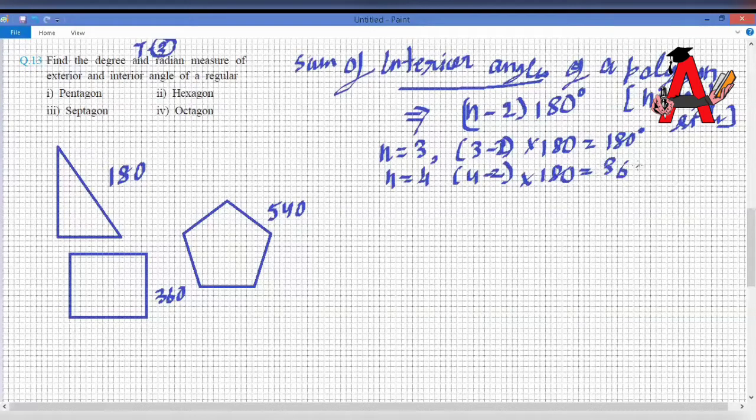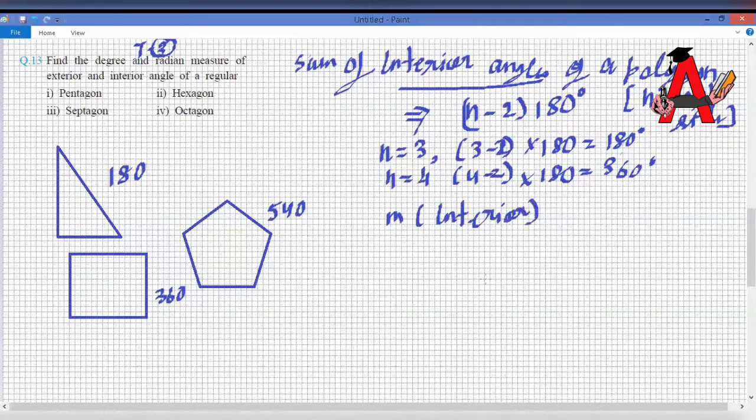So remember this for any polygon. That is, for number of sides n, n minus 2 into 180 gives you the sum of all the interior angles. So always remember, now the next part is, you got the sum. The second part is you will have to find out the measure of interior angle.